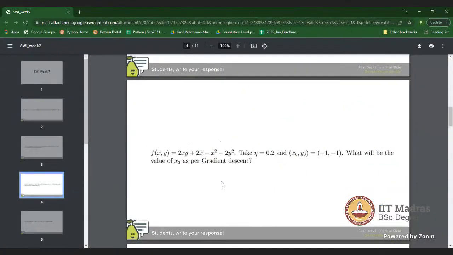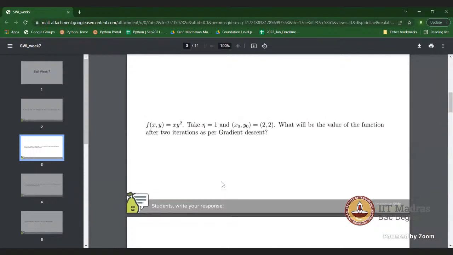Sir, in this question, the third iteration would be 1 by 3, right? The value of eta would be 1 by 3, and for the fourth iteration it would be 1 by 4. What the student said was correct: since eta was mentioned as constant, we won't be following the normal gradient descent 1 by t plus 1.